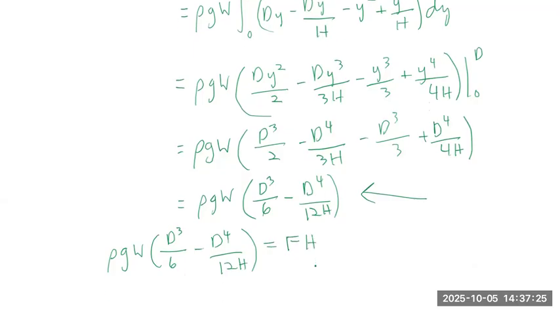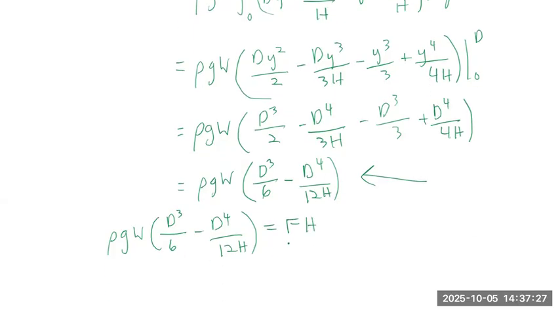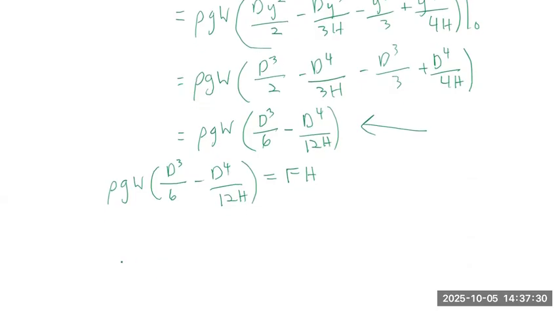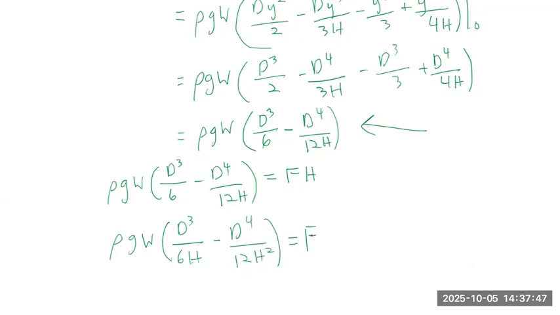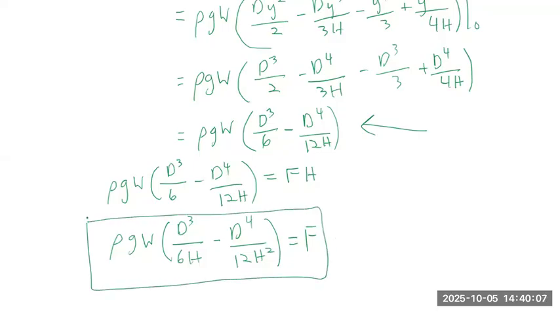And now we can solve for F by dividing both sides by H. And this will give us rho g w times (d cubed over 6h minus d to the power 4 over 12h squared). And this is equal to our force. Let me double check to see if it's correct. It is indeed correct, so this is our value for the force.